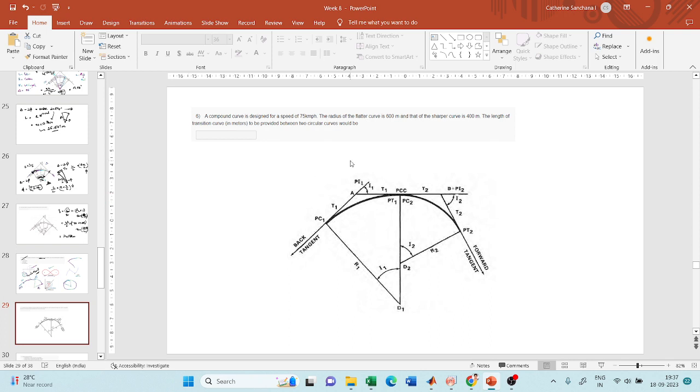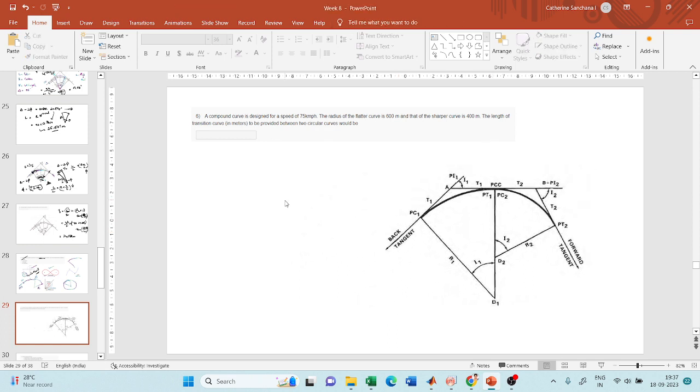Now let us come to compound curves. This is a question about compound curves, and first let us understand what a compound curve is. We were talking about transition curves. A compound curve is a horizontal curve, in the main portion of the curve, not the transition curve.